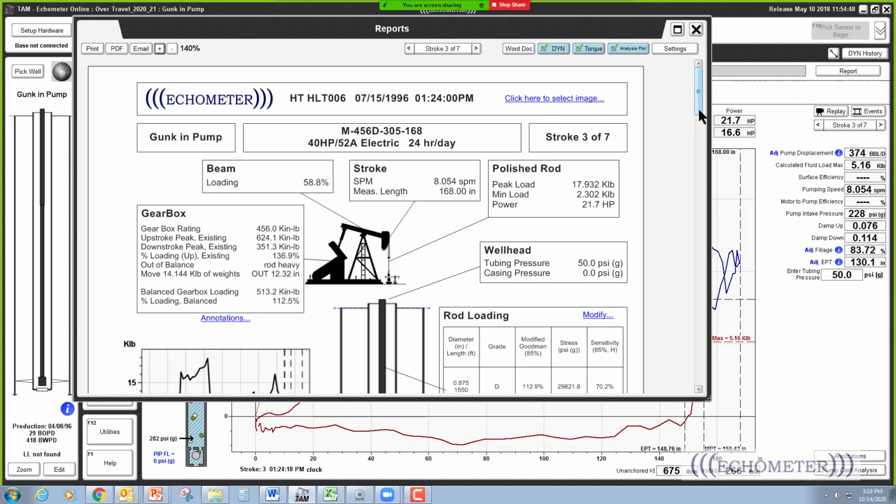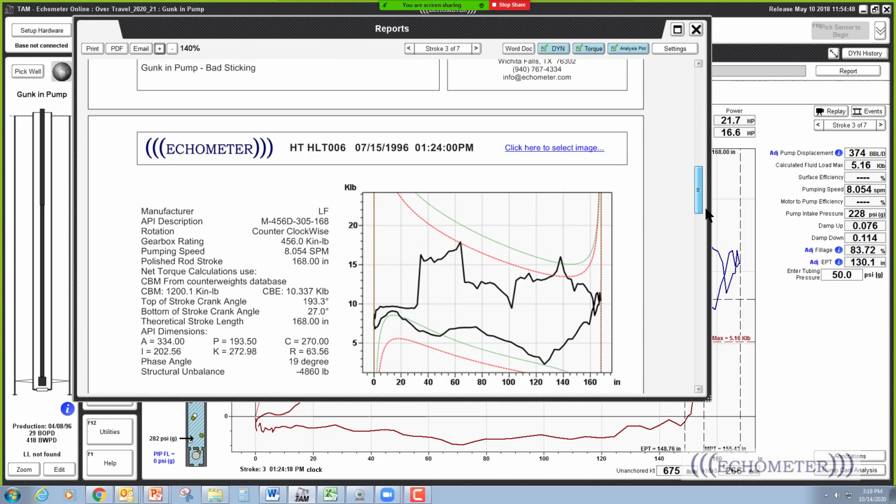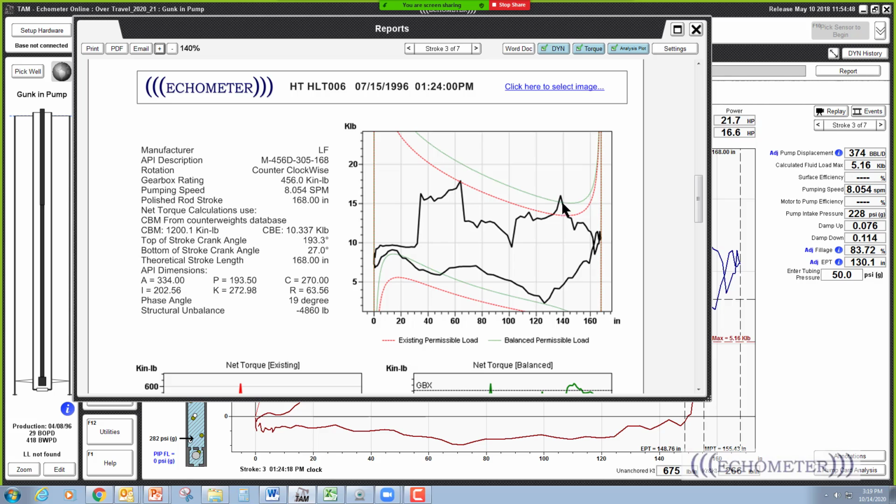Let's scroll down here and look at this. This is called the permissible load diagram, and this peak load right here is what's causing the gearbox to be overloaded. It's for Mark pumping units.